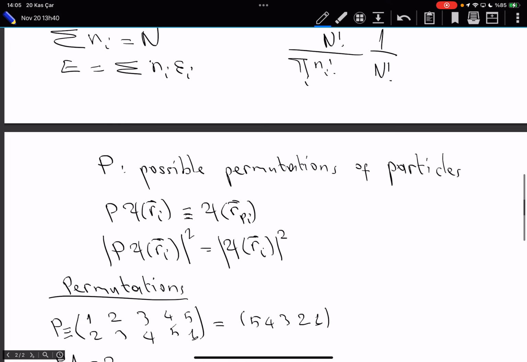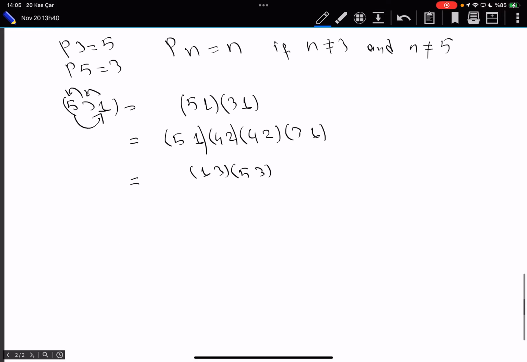So let's go back to our wave function. I know that, and keep in mind that this is just a product of an exchange. So you just apply the exchange twice. Or you can say that you are taking the square. This is just the identity permutation. It doesn't change anything.